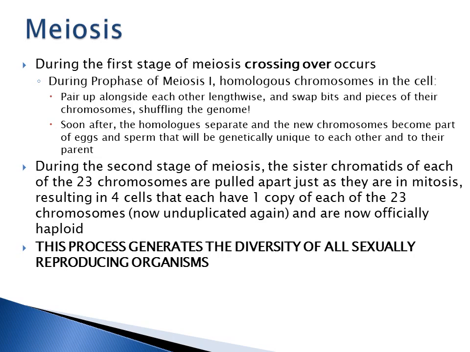So in the first stage of meiosis, you have crossing over. Crossing over is a very important process of meiosis. In prophase, your homologous chromosomes are going to pair up lengthwise. What crossing over is, those homologous chromosomes then start swapping pieces of that chromosome back and forth, which is going to shuffle the genome, kind of like shuffling a deck of cards.